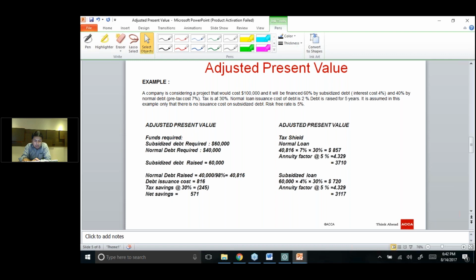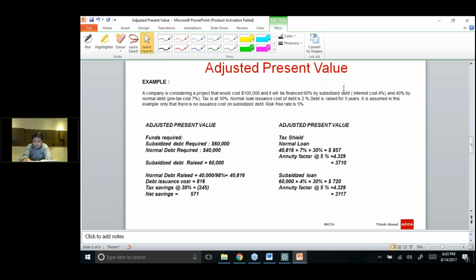Here it is. A company is considering a project that would cost $100,000 and it will be financed 60% by subsidized debt, the cheaper debt which is normally offered by the government, and it has an interest cost of 4%, and 40% by the normal debt, which has a cost of 7%.